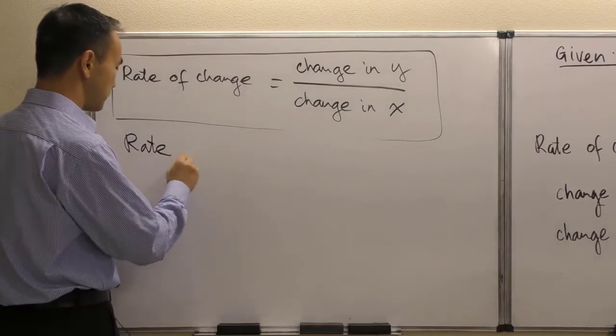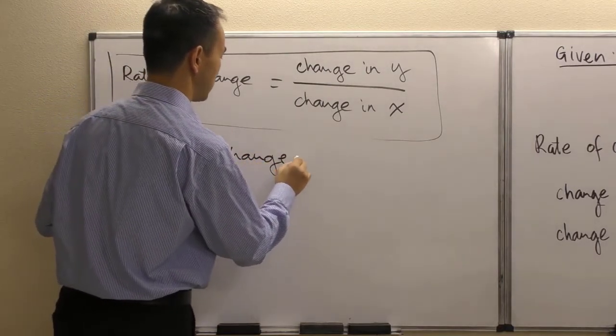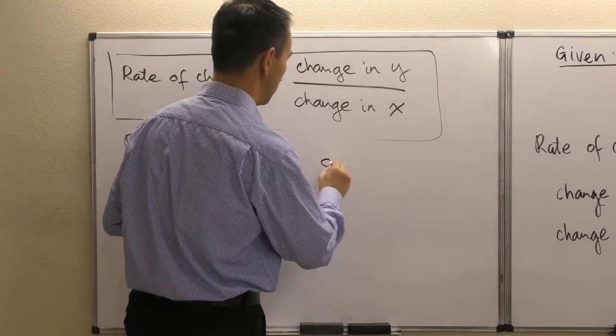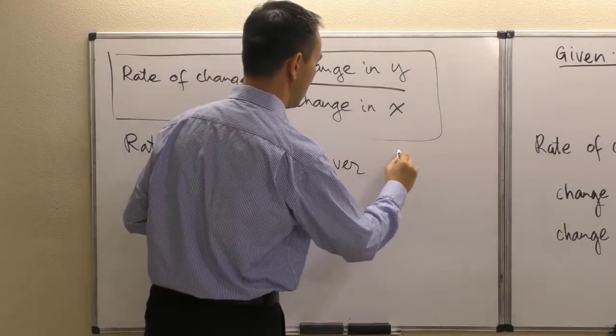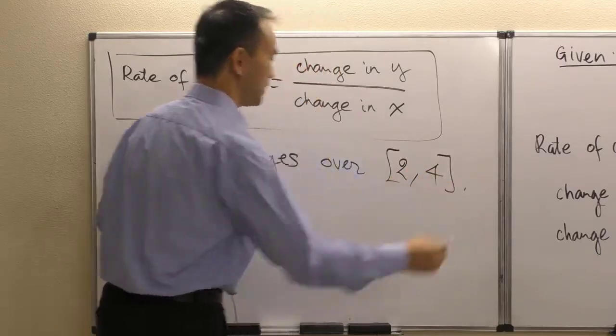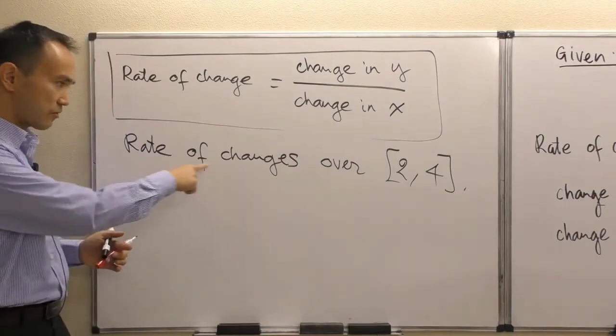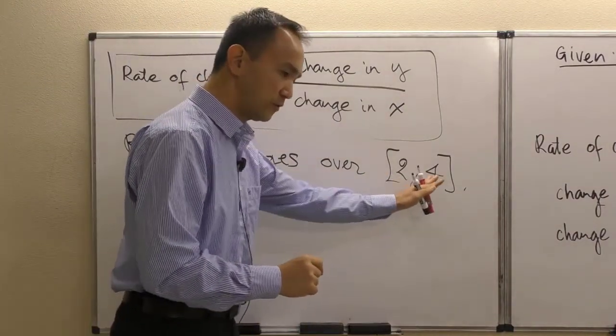Calculate rate of change over the interval from 2 to 4. You see, in a shortened form, this is how the problem asks to calculate the rate of change over that interval from 2 to 4.